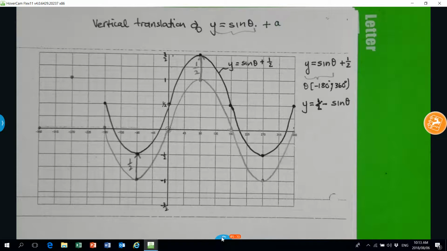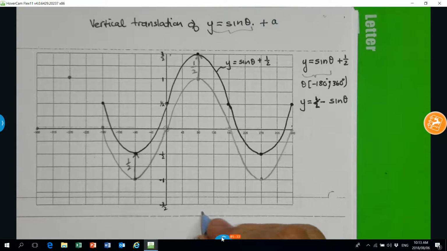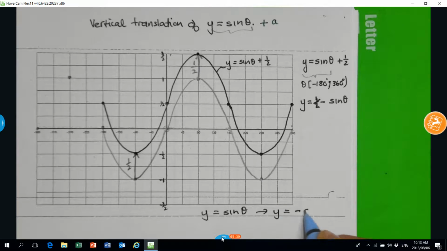Now remember, your mother curve was y is equal to the sine of theta. It has changed to y is equal to minus the sine of theta. Now if you put your mind back to the function work that you did, if f of theta becomes minus f of theta, then the mother curve is reflected in the x-axis.